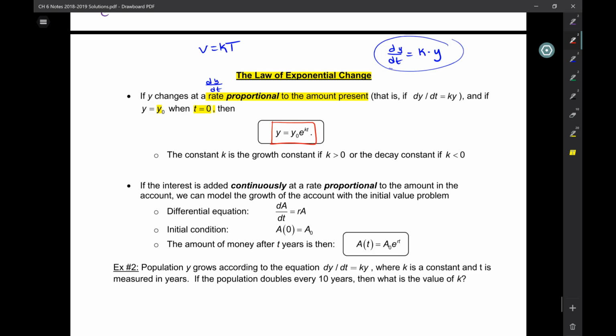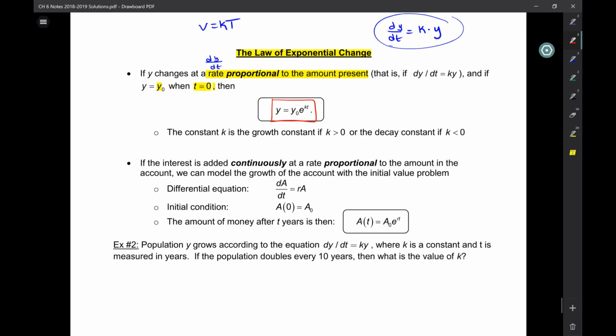It wasn't like it was raining one time and this just fell out of the sky. No. There was this equation. We solved it using separation of variables, and we got y equals y naught e to the kt. This is one of the most useful equations that we have in math and physics and everywhere else. y is the final amount, y naught is the initial amount.